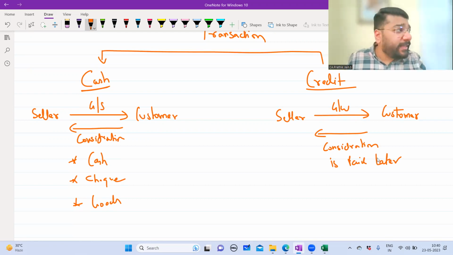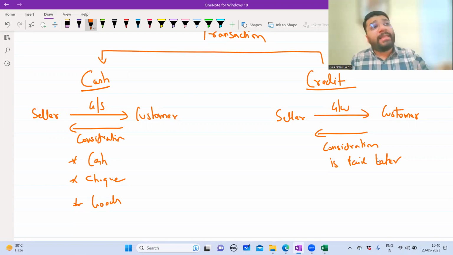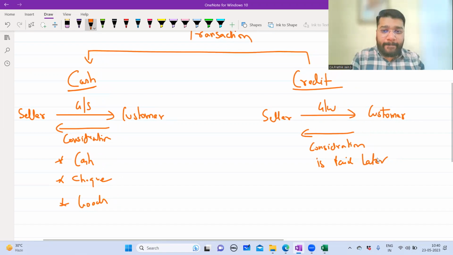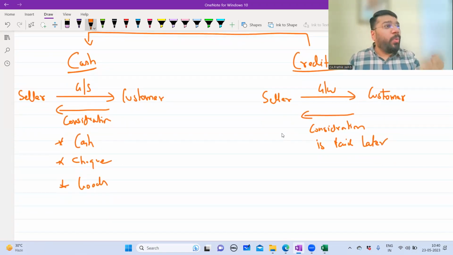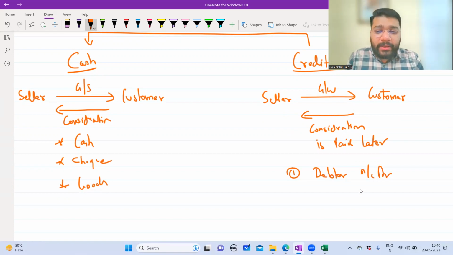Credit transaction is basically you sell the goods now, or you give the services now, you collect the amount at a later stage. That is called a credit transaction. So when a credit transaction comes into picture, what is the entry that you record? As a seller, what entry will you record? Debtor account debit to sales.